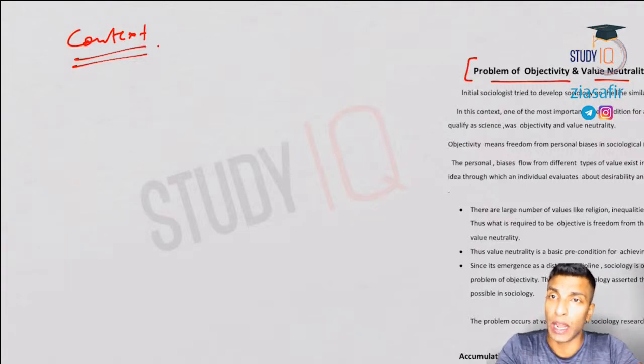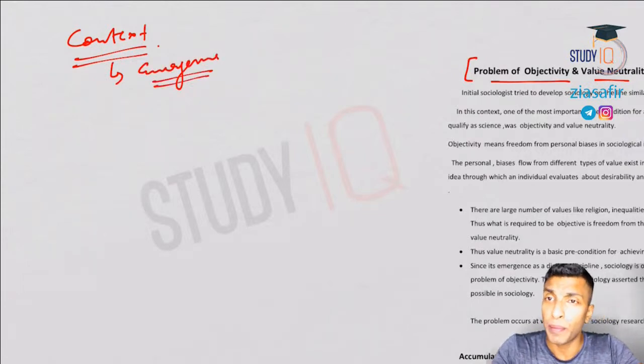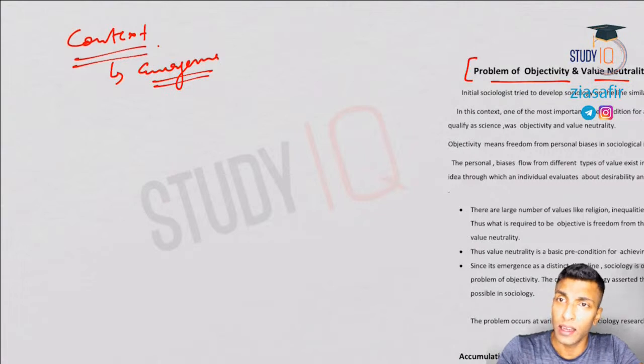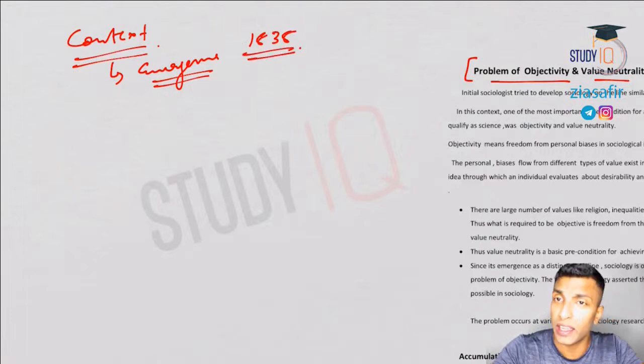Then what happened? The initial sociologists tried to make sociology on lines similar to the natural sciences. There is a reason for that, because when sociology emerged, in 1838, it was a relatively young discipline.